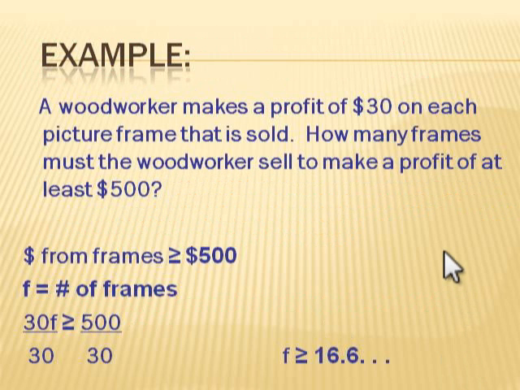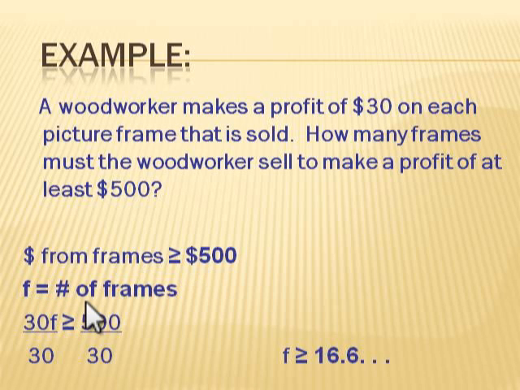There's a woodworker who is making a profit of $30 on each picture frame that is sold. How many picture frames must the woodworker sell to make a profit of at least $500? So the money that the guy makes from his frames, we want to be greater than $500 or equal to $500.